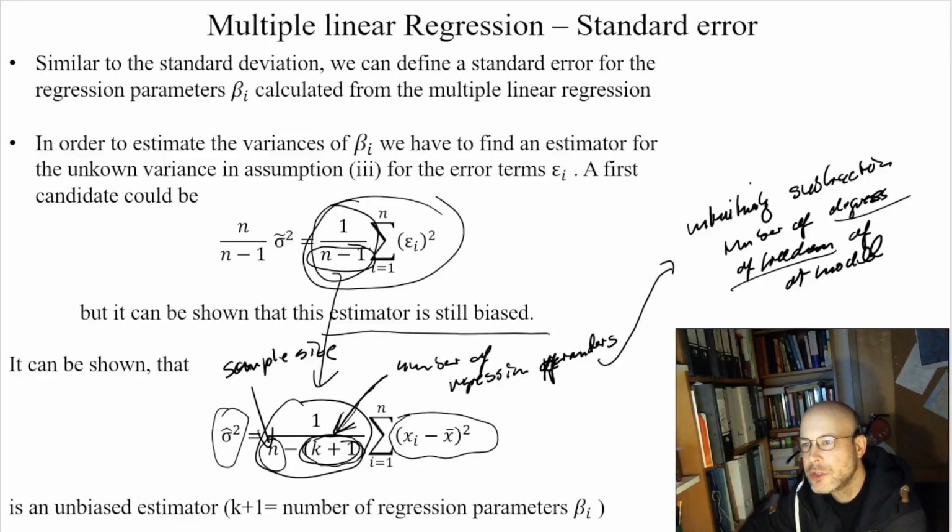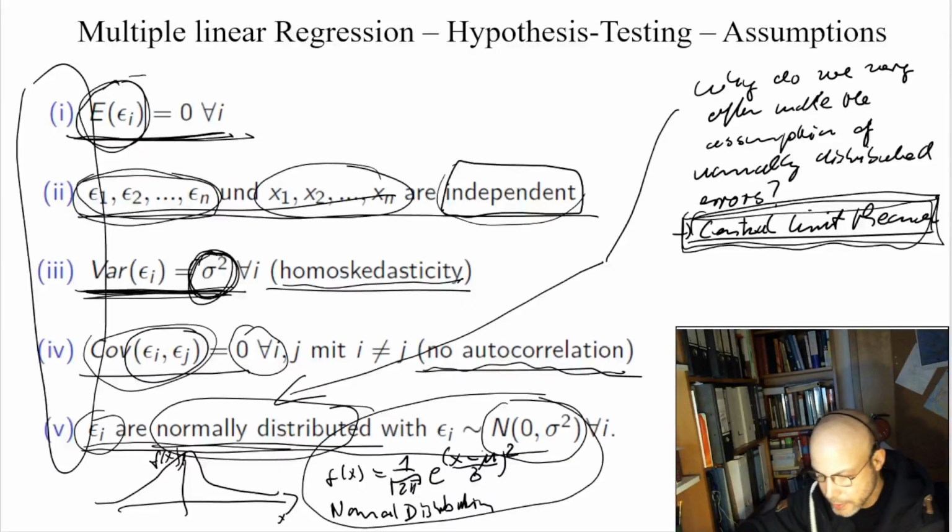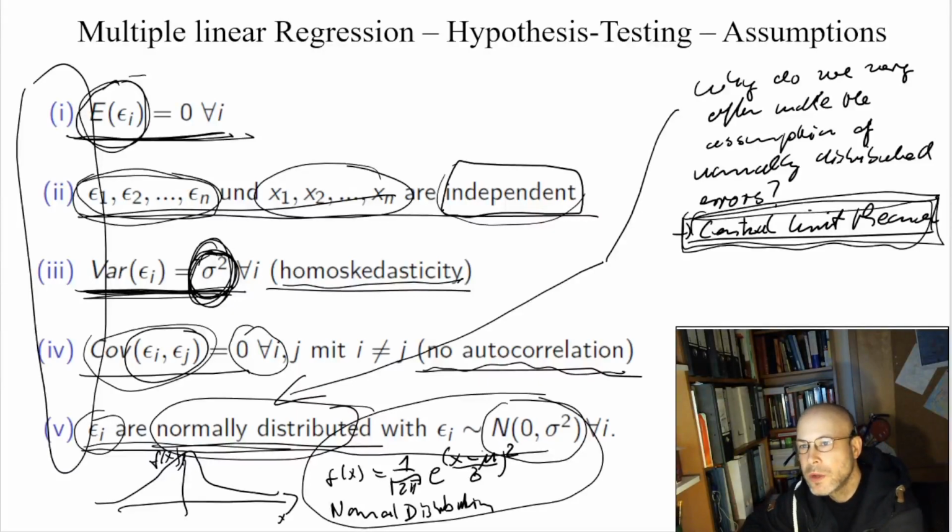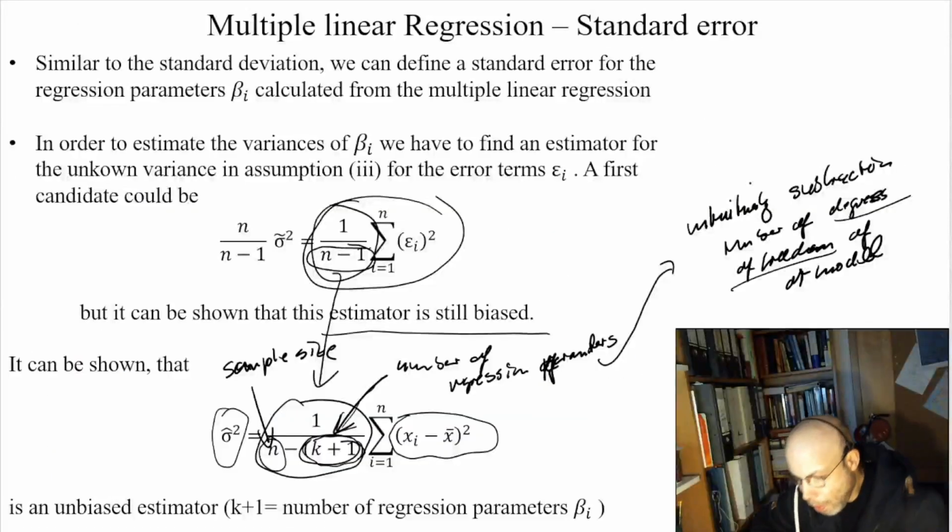And then we can show also that this estimator is an unbiased estimator for the variance we are looking for, and this is this variance here. We want to have an estimator for this variance of all single error terms.